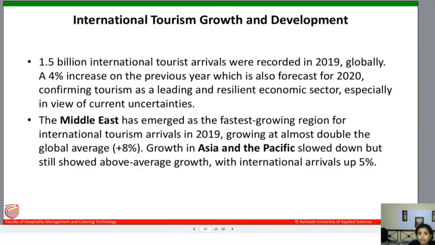It has been observed that globally there were 1.5 billion international tourist arrivals, a 4% increase on the previous year, which was also forecast for 2020. But in 2020, there is a slip of minus 30 to 50% from the forecasted data. The Middle East saw more than 8% growth, above the global average, whereas Asia Pacific saw some 5% rise in international arrivals.